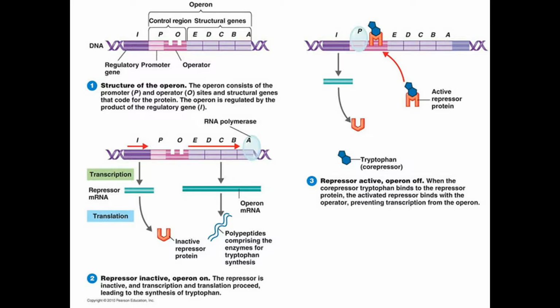That repressor protein binds to the operator region, then that operon's turned off. If you have a repressor protein that's not binding to the operator because it's been inactivated, then that operon's going to be turned on.